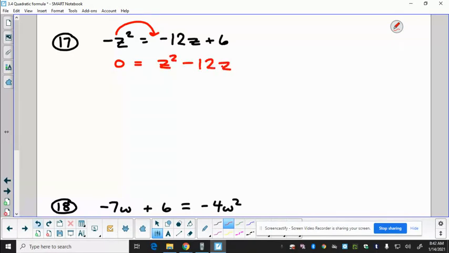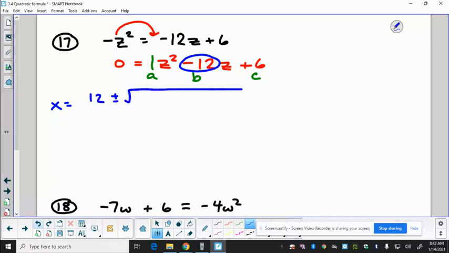Let's write our quadratic formula now. So opposite of that number will be 12. And here comes B squared minus 4 times A times C all over 2 times 1, which is A.